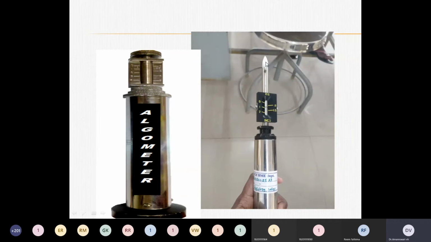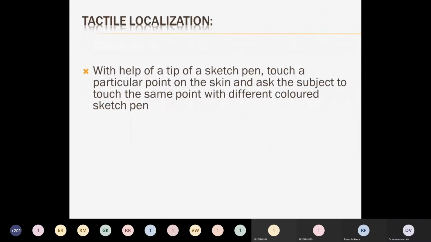Next, tactile localization. For this, you have to use the tip of a sketch pen. With the help of the tip of a sketch pen, touch a particular point on the skin and ask the subject to touch the same point with a different colored sketch pen.